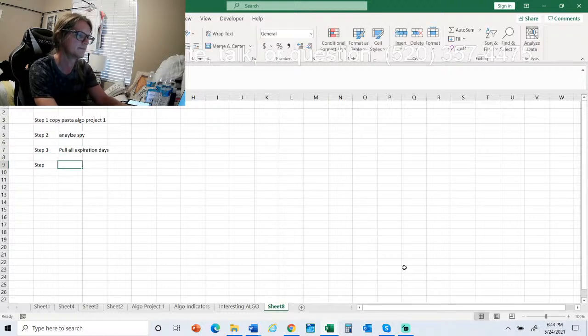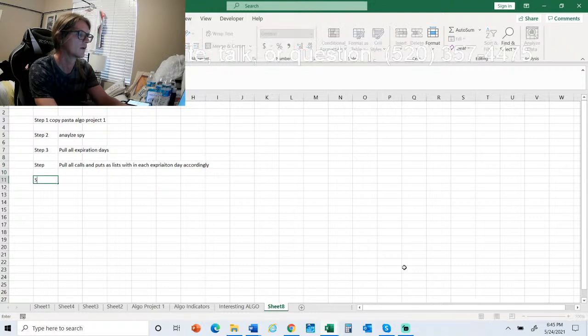Step 4, pull all calls and puts as lists within each expiration day accordingly.